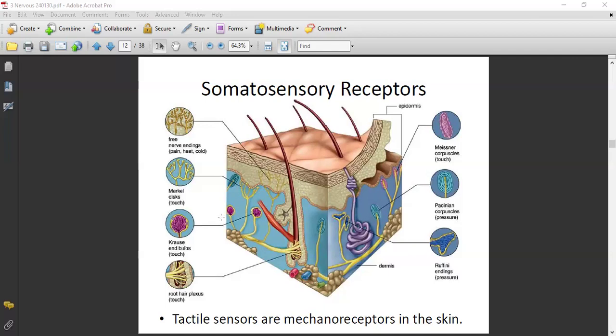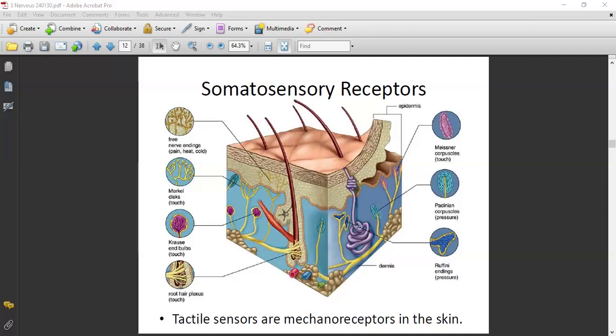You have different kinds of receptors, like the Krause end bulb, that's another type. Root hair plexus, which has different names, like hair root ending. It will be sensitive when your hair gets banged, right? It will sense it. All these are mechanoreceptors.